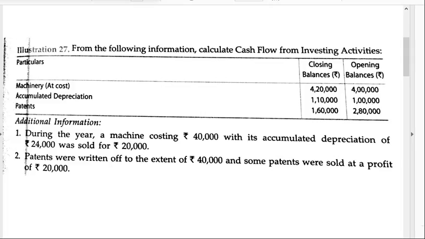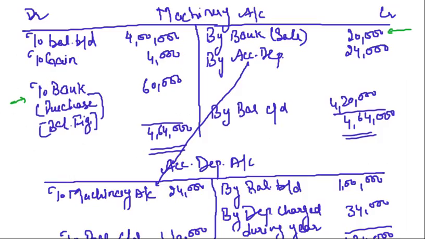We have the opening balance of 2,80,000 and the closing balance is 1,60,000. So let's prepare the patent account first. We have patent account, right?